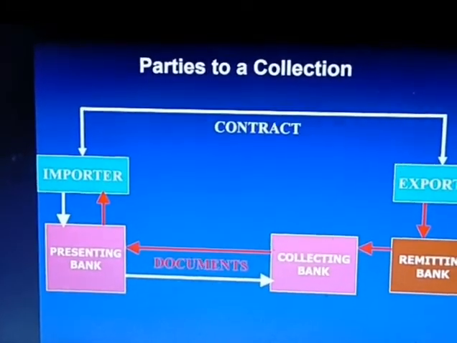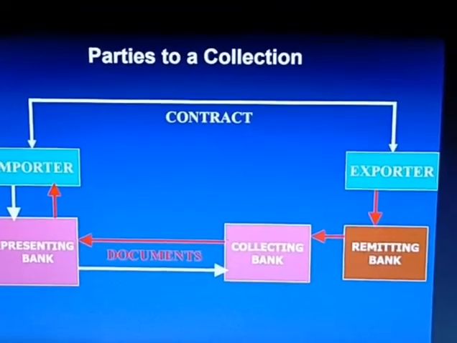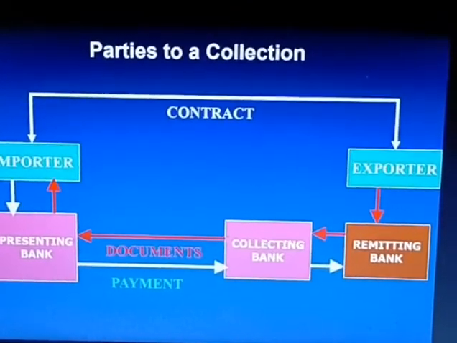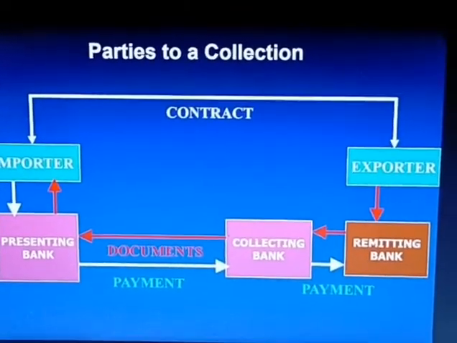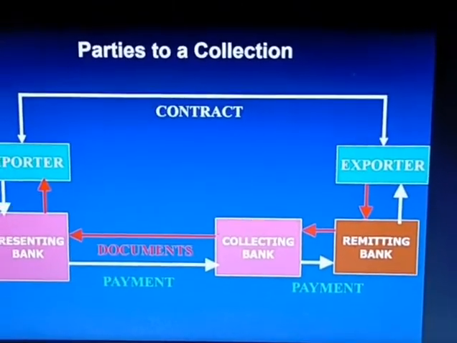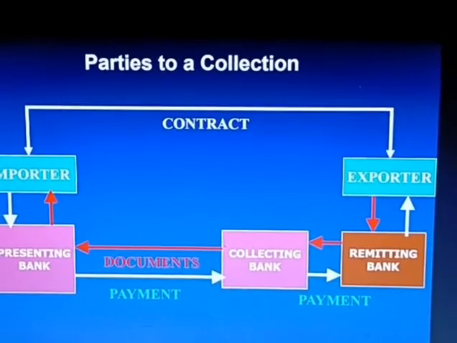This collecting bank in the foreign country will collect, and after payment they will remit to the remitting bank, and the remitting bank will pay the exporter. This is the procedure in respect of the URC.